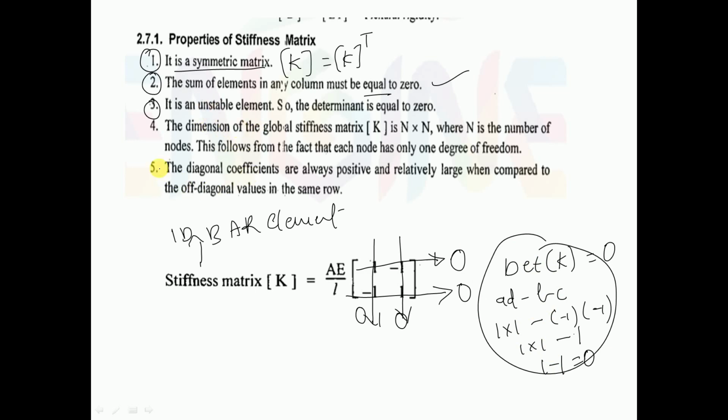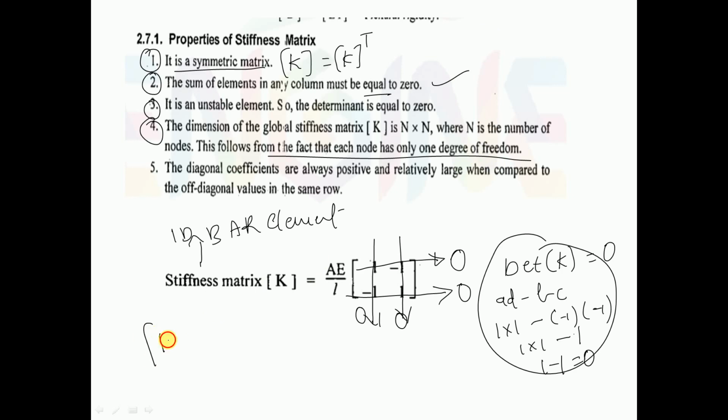The fourth point is that the dimension of the global stiffness matrix is n by n, where n is the number of nodes. This follows from the fact that each node has 1 degree of freedom. What is the exact meaning of this? We will get this kind of element stiffness matrix.